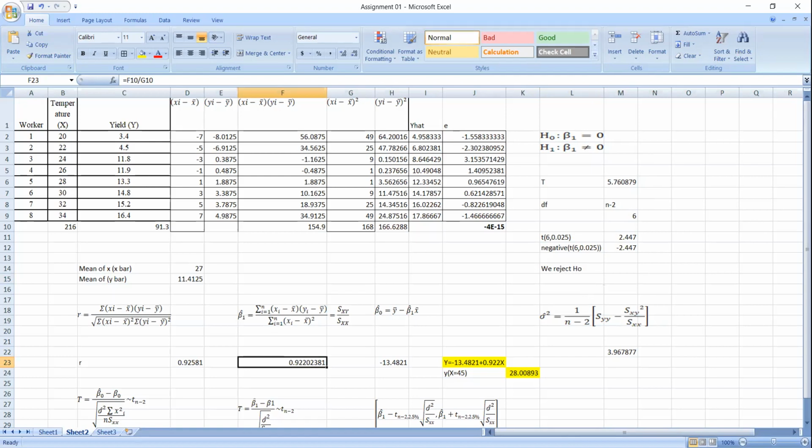So the first thing that you have to do is write down your hypothesis. That is H naught: beta naught equal to 0, and H1: beta naught not equal to 0. So first you can write down the hypothesis.